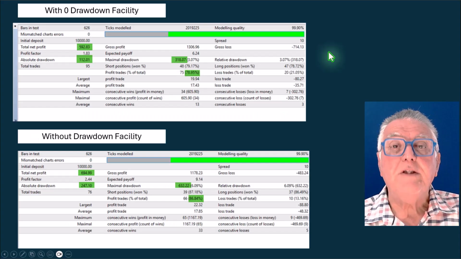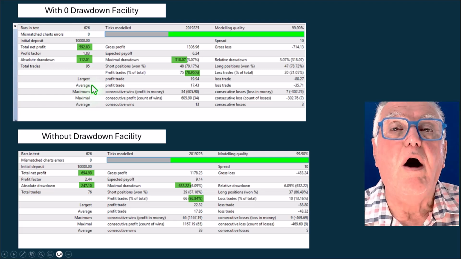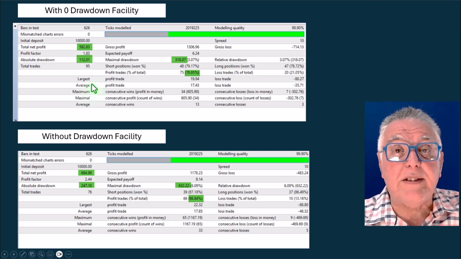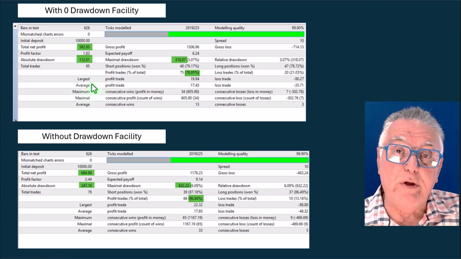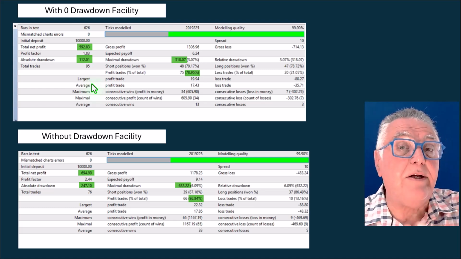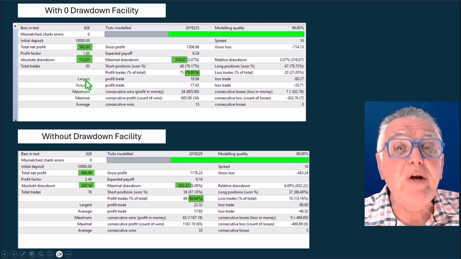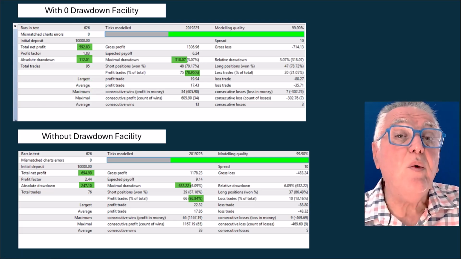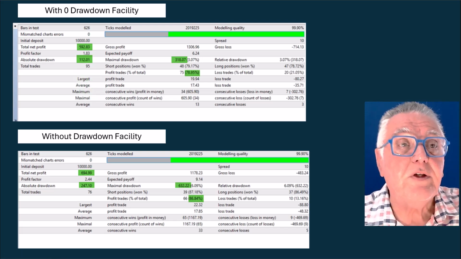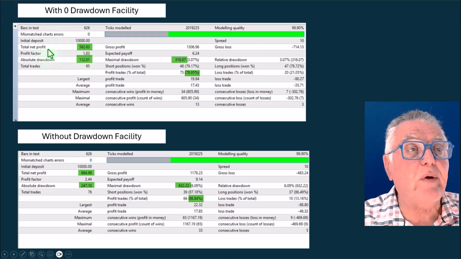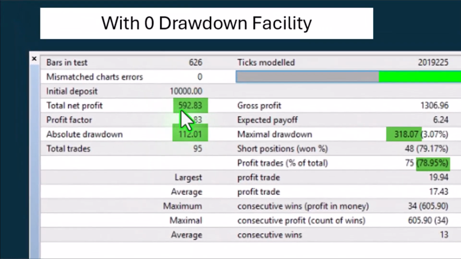Let's have a look at this. So here are the results of the zero drawdown facility, where we've used the euro pound and back tested it for 1 month using a $300 zero drawdown amount. So what happened here is, we've created a net profit of just under $600.